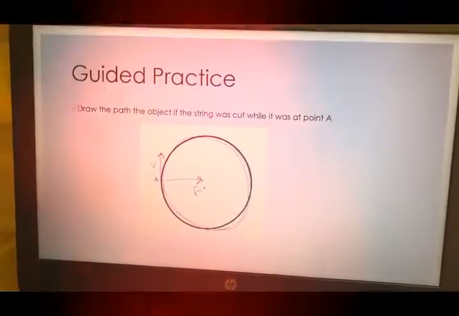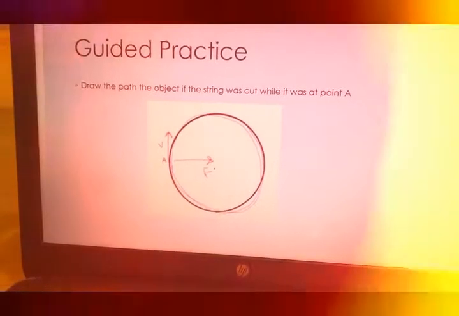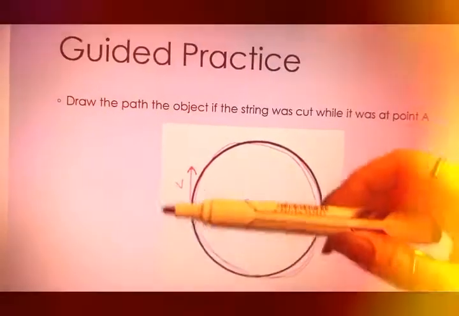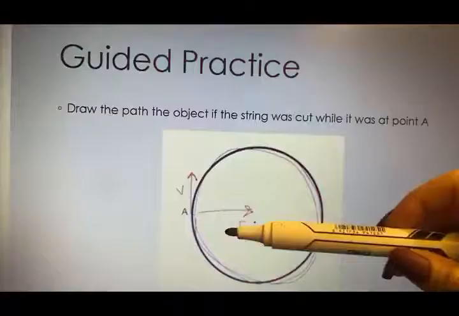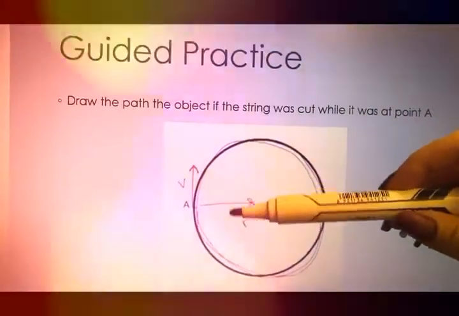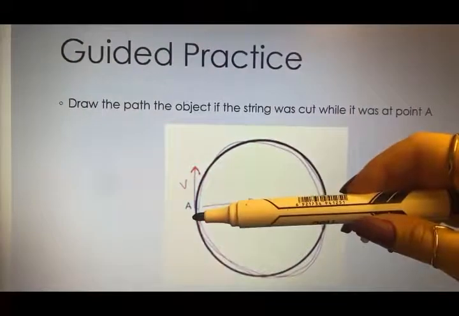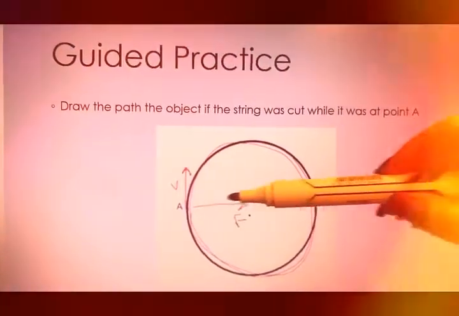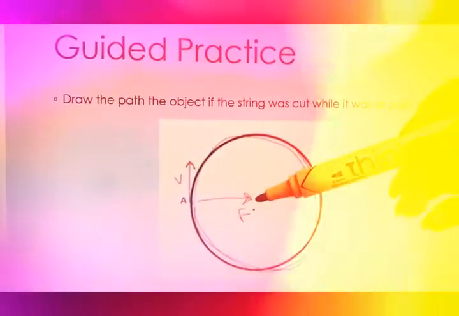Now, okay, guided practice. I'm just trying to say, as I explained earlier, that if the object is moving in a circular path, and of course we have tension here, this force is called tension, and then suddenly we cut the string or rope, at point A the object will fly off in this way because the velocity is trying to go against the direction of our tension.